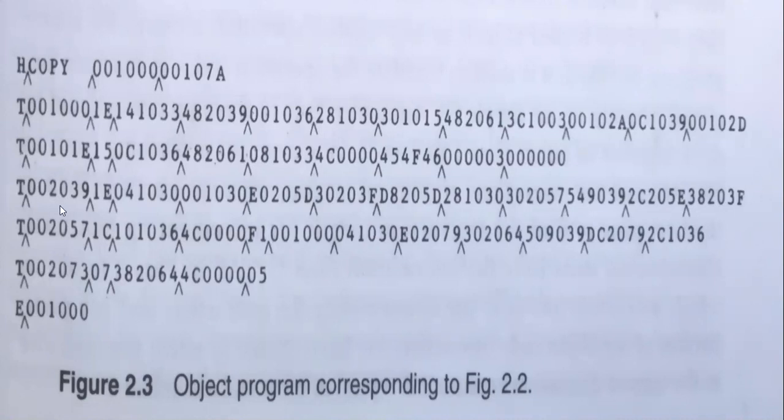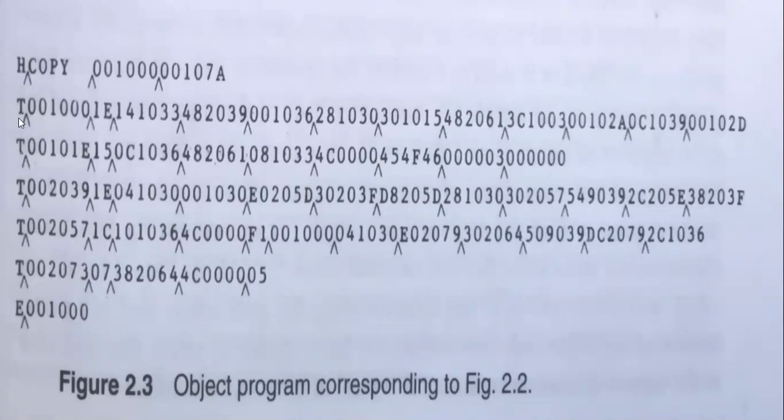First will be the header, then the text records, then the end record. The header is followed by the name of the program, the beginning address of the program, and the number of bytes involved in the entire record. That should be mentioned.